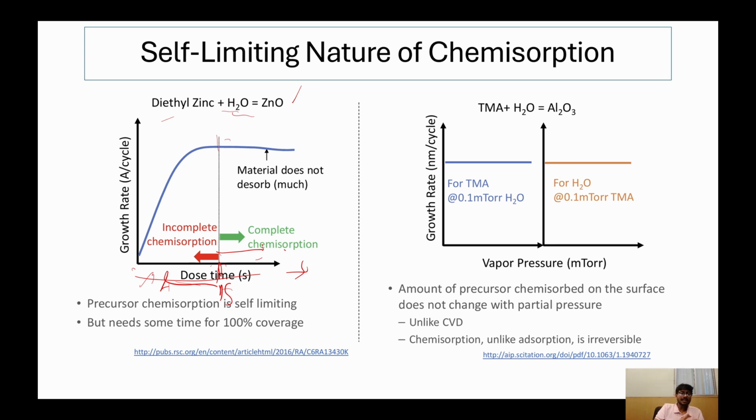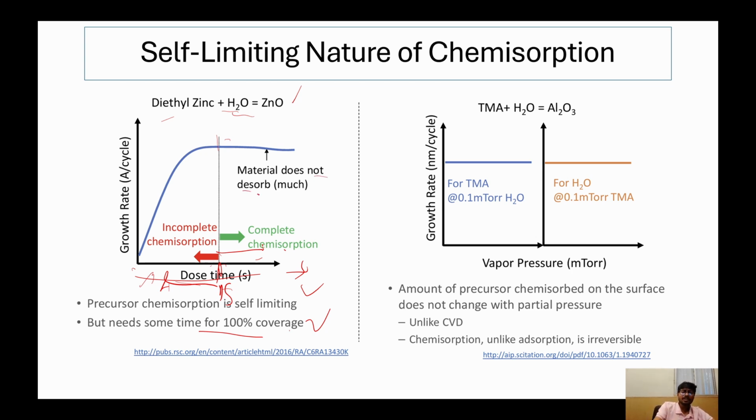You need to give at least that much dose time to cover the whole surface. It needs 100% coverage. Sometimes that time is in milliseconds only, because the reaction is too fast.